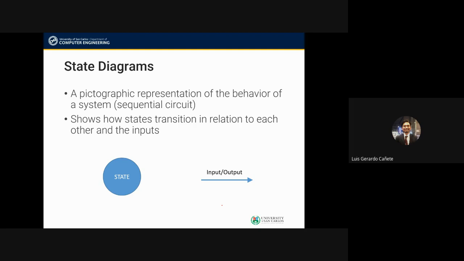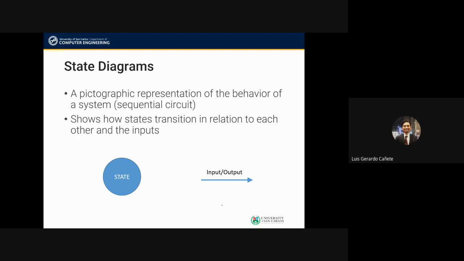State diagrams are actually applicable to a lot of other things. A lot of software engineers use state diagrams to define what their software does, because your software does have states, right? For example, you might be in a state wherein you're asking for user input, and then after user input, you might go to another state that depends on the user input itself.